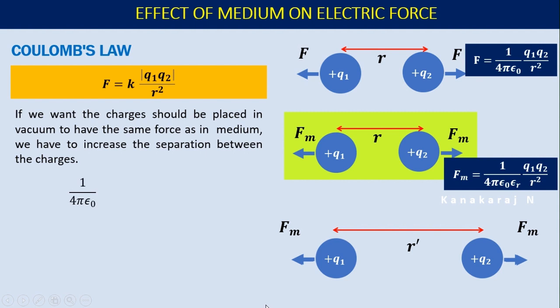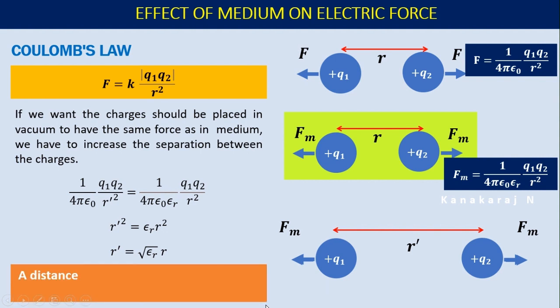So 1 by 4 pi epsilon naught Q1 Q2 by r prime square equals 1 by 4 pi epsilon naught epsilon r Q1 Q2 by r square. Cancelling the same terms on either side, we get r prime square equals epsilon r times r square. Taking the square root on both sides, we get r prime equals root of epsilon r times r.